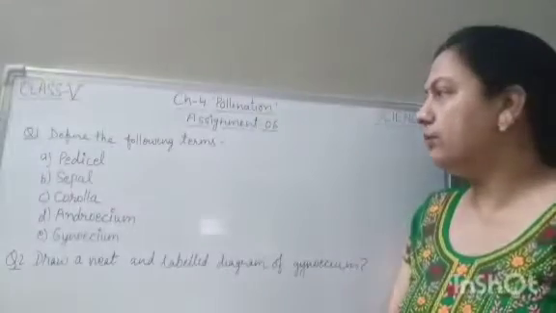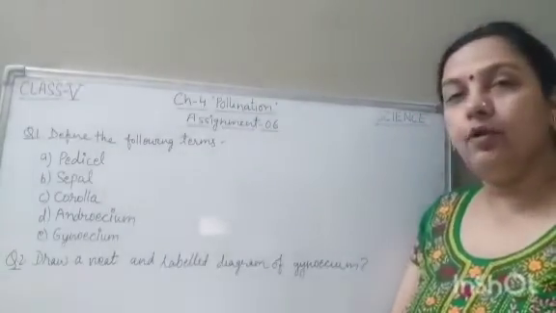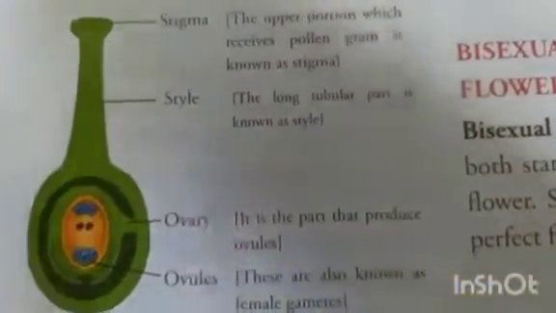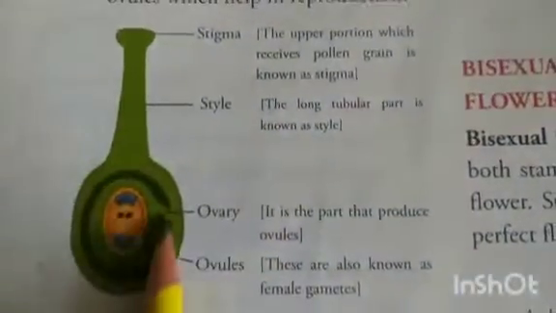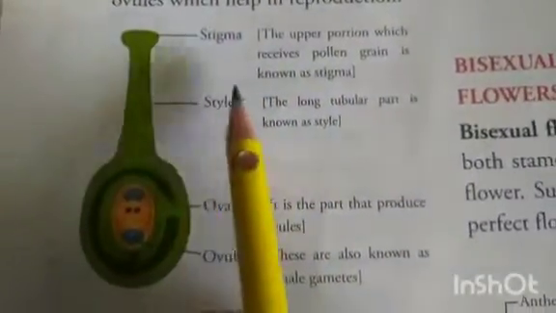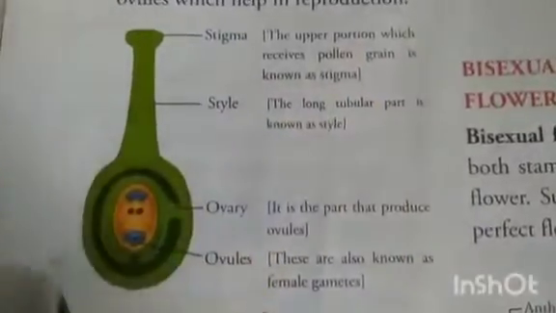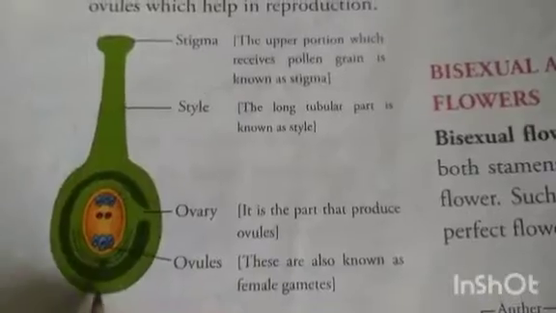The second question of home assignment 6 was: draw a neat and labeled diagram of gynoecium. So children, on page number 46 in your book, this is the diagram of gynoecium. Remember one thing: whenever you draw a diagram, always label it very clearly and also name the diagram, like here you will write gynoecium.